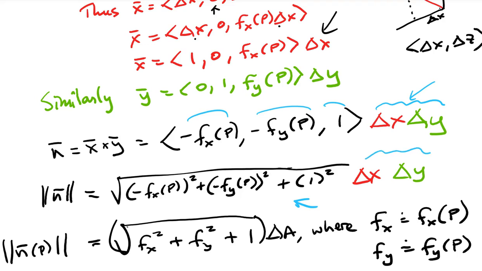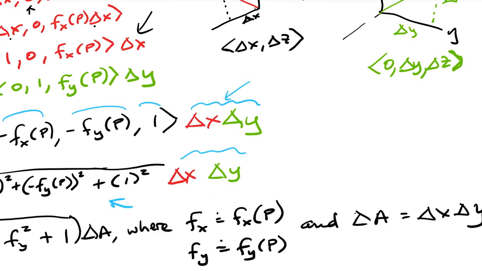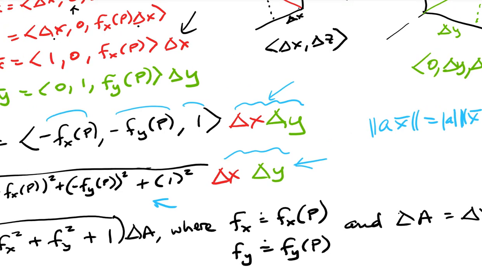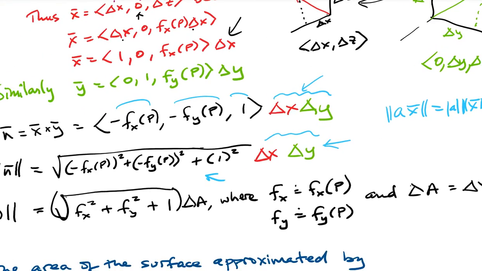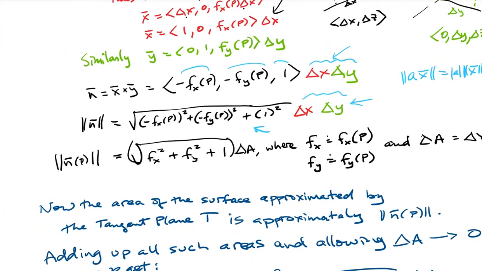You just set them on the outside. This comes from the fact that if you have a number times a vector and you want to find the length of it, this is just the absolute value of the number times the length of the vector. I don't need to do absolute value of these because the area pieces are positive. All right, so there you go.